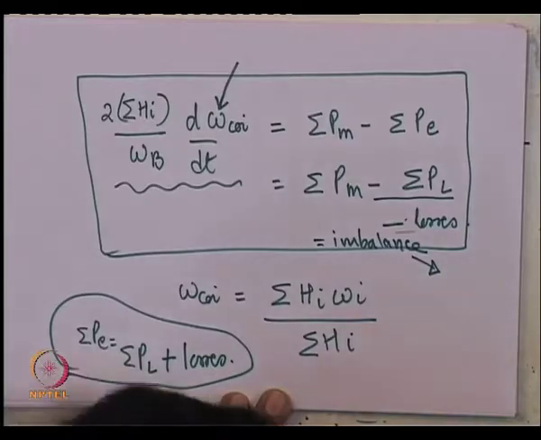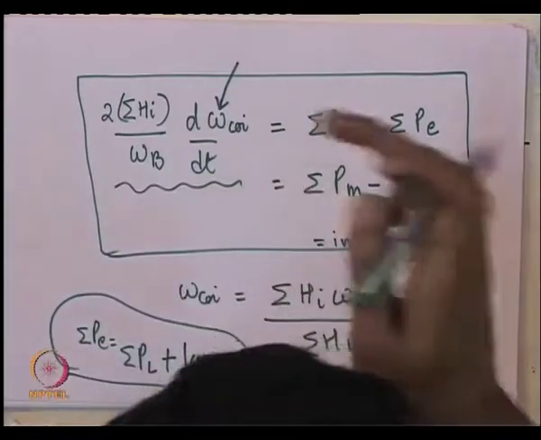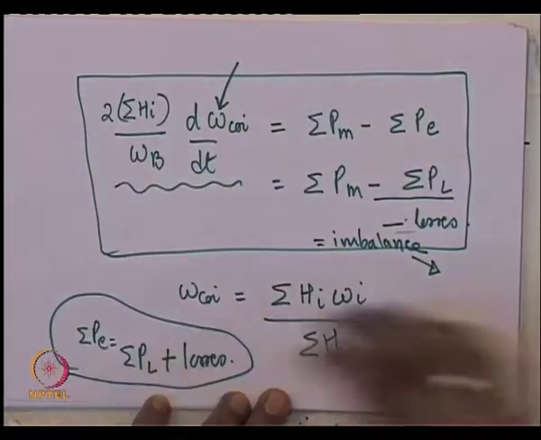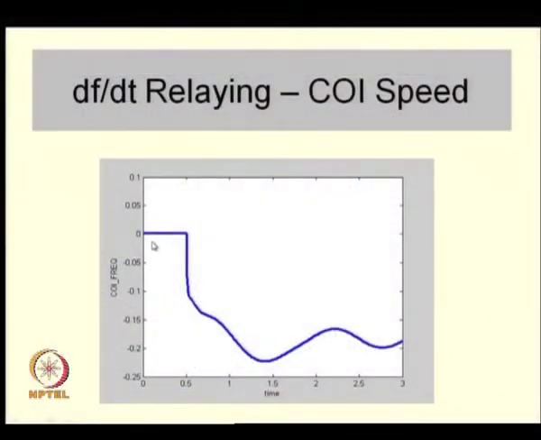But what is the catch in all this? The good thing in doing this kind of computation is, unlike local frequency measured at every bus or at every generator which is contaminated by these oscillations, which may blur the common motion.